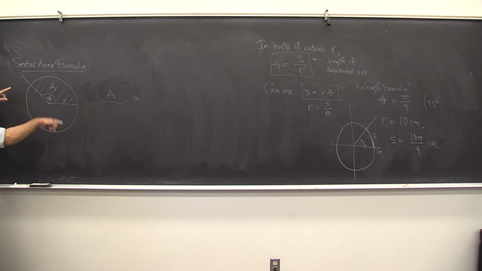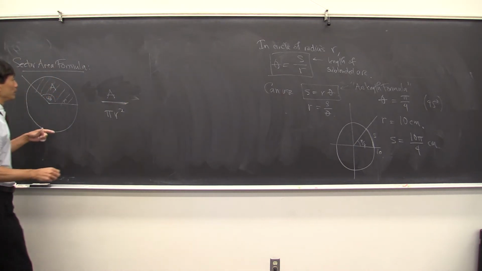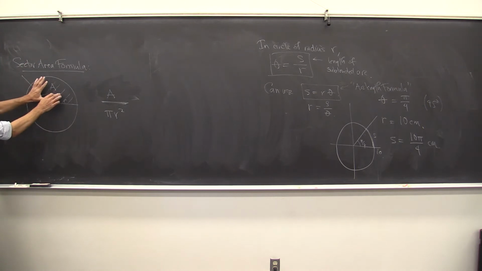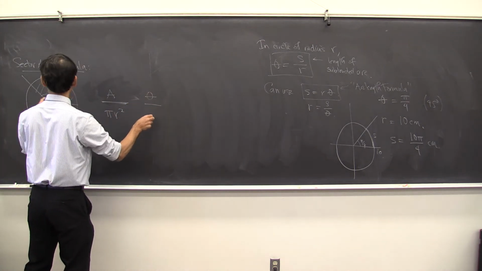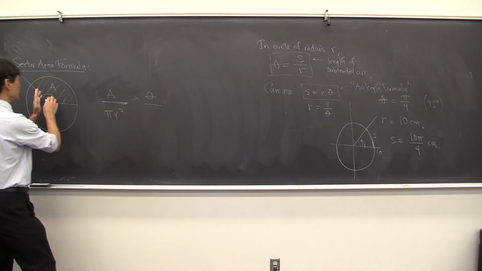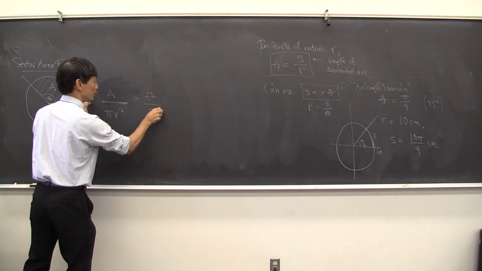Two pi r is the circumference. Area of a circle? Pi r squared. So that is to the whole circle as theta is to the angle of the whole circle, so 2 pi.